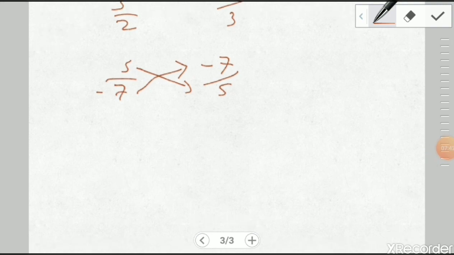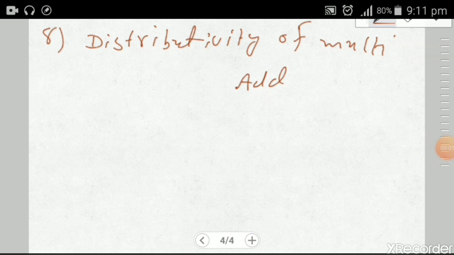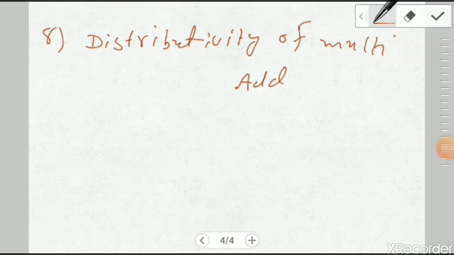Next one, the last property is distributivity, that means distribution of the number. So distributivity of multiplication over addition. How can we perform this? Distribution of 3 over 3 plus 4.